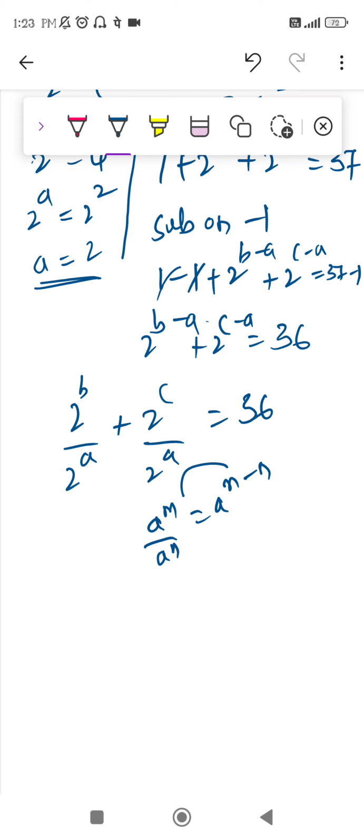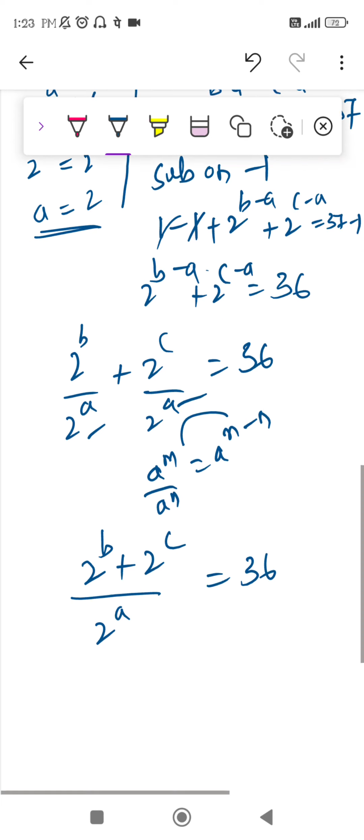And now here the LCM is the same, 2 to the power of a. Then we can write 2 to the power of b plus 2 to the power of c divided by 2 to the power of a, because the LCM is the same, is equal to 36.